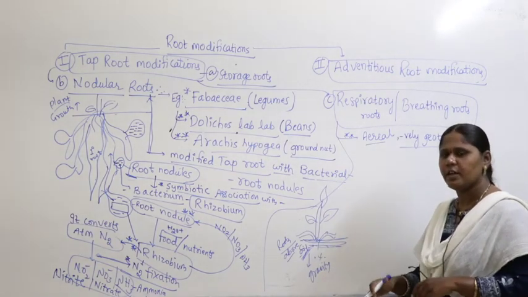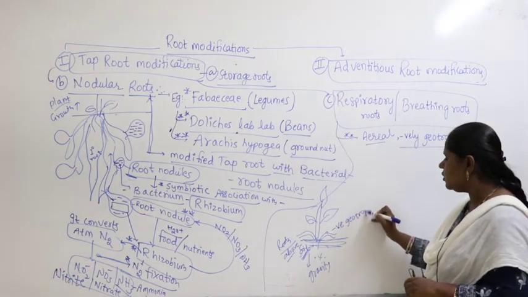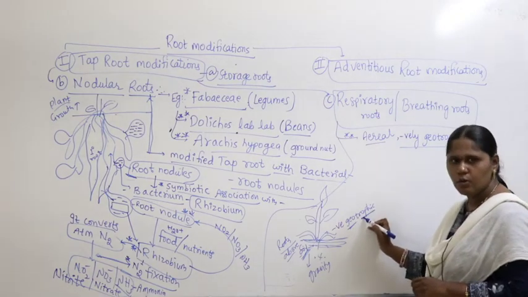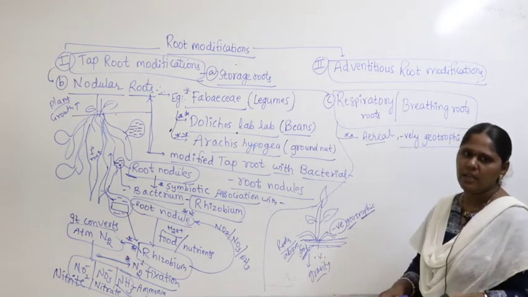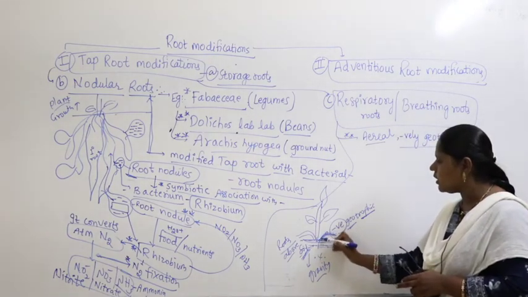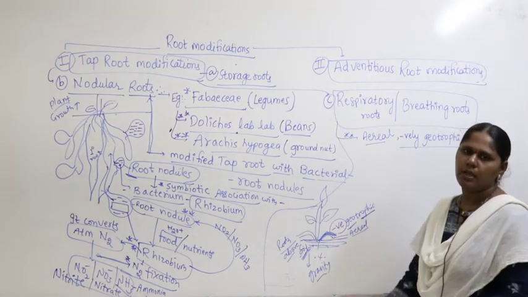For our understanding this is called negatively geotrophic. Geo means soil, trophic means movement or growth of the root, negative means against gravity, that means not within the soil, but above the soil. So here roots are aerial, aerial means above soil.